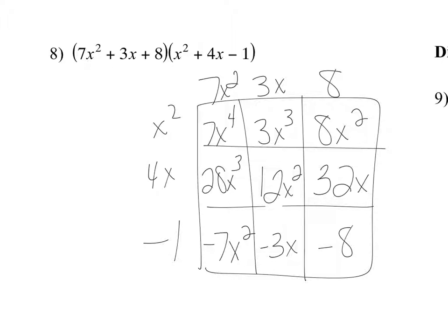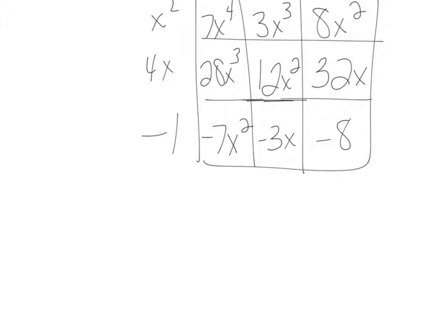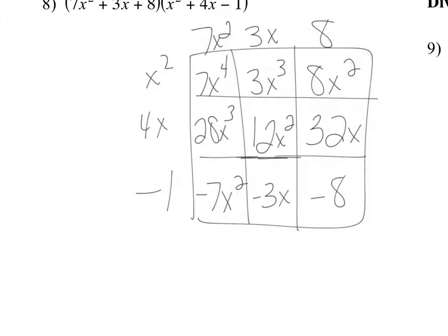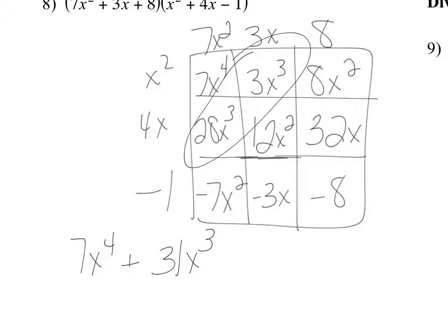So hopefully, I didn't mess up, because I do that sometimes on my answer key. I actually messed up that one. Okay, so then you combine your like terms. So x to the 4th does not have any like terms. So 7x to the 4th. Then we combine these two. Plus 31x cubed. And we combine these.